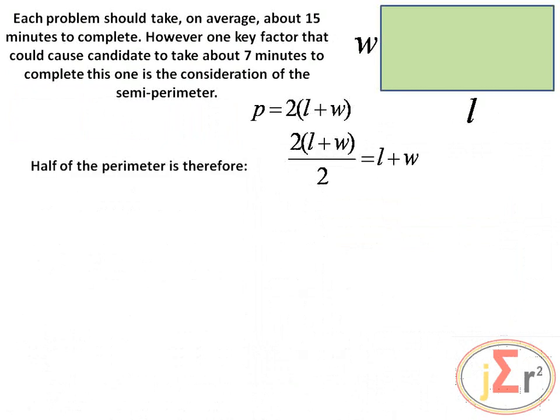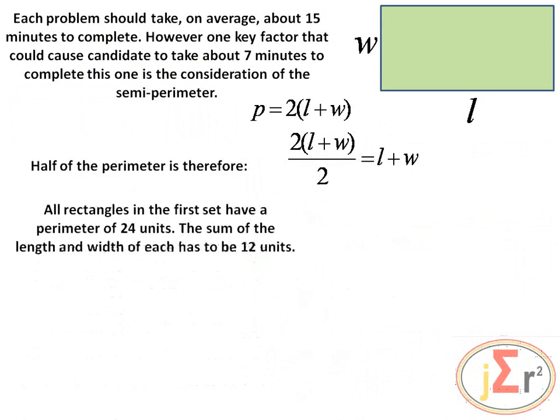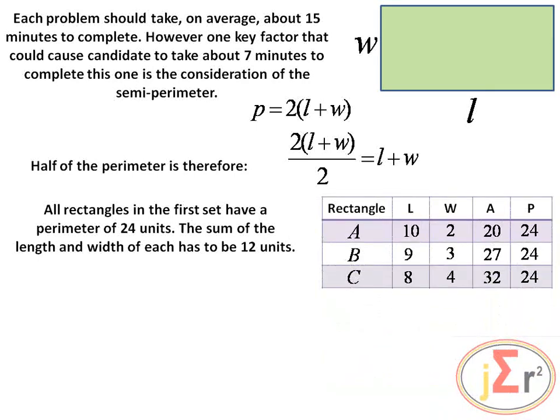Right, so we are considering the semi-perimeter. All rectangles in the first set have a perimeter of 24 units. The sum of the length and width of each has to be 12 units. There we have a table. And finally, 8 plus 4 is equal to 12. Right.